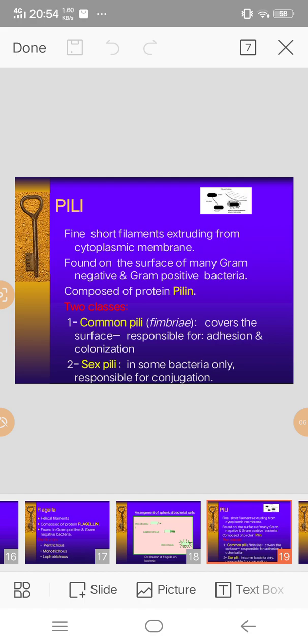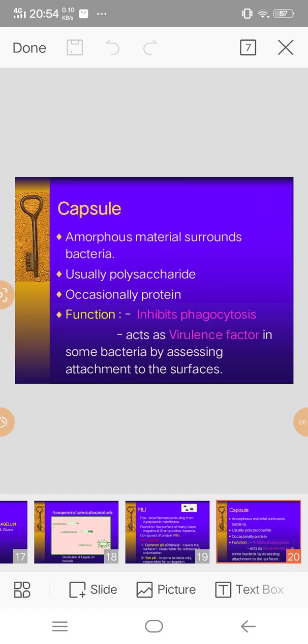The second is sex pili, found in some bacteria and responsible only for conjugation. Another structure covering the bacterial cell is the capsule, an amorphous material surrounding bacteria, usually composed of polysaccharides, occasionally proteins. Its function is to inhibit phagocytosis and to act as a virulence factor in some bacteria by assisting attachment to surfaces.